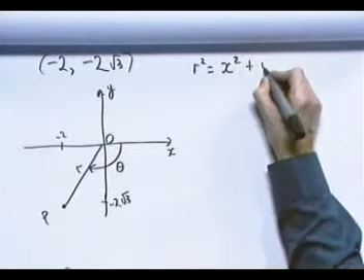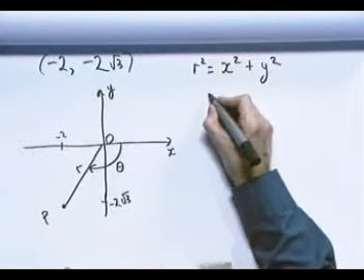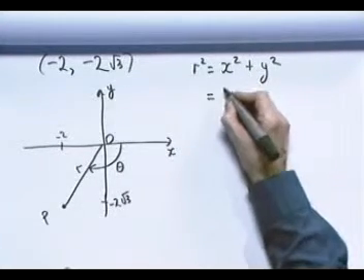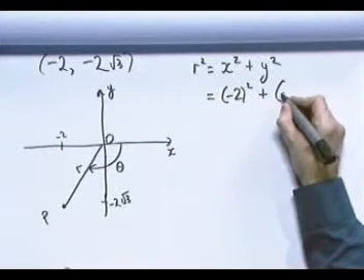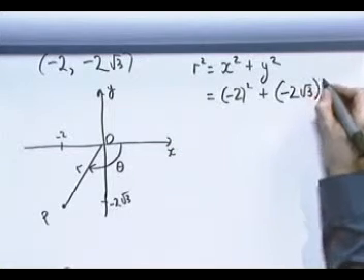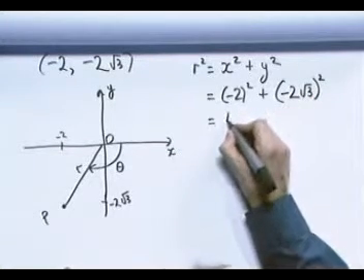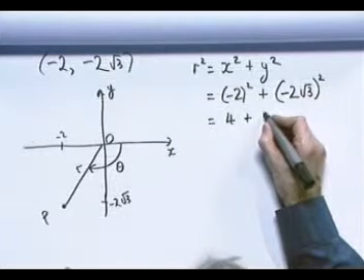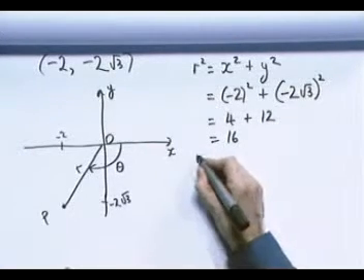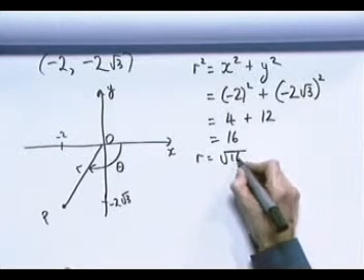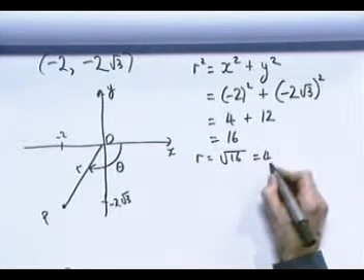That's x squared plus y squared, which in this case is (-2) squared plus (-2 root 3) squared, which gives us 4 plus 12, 16, and so r is equal to the square root of 16, which is just 4.